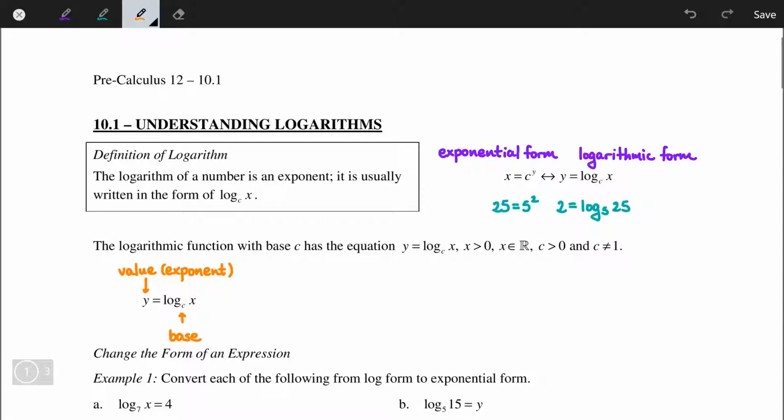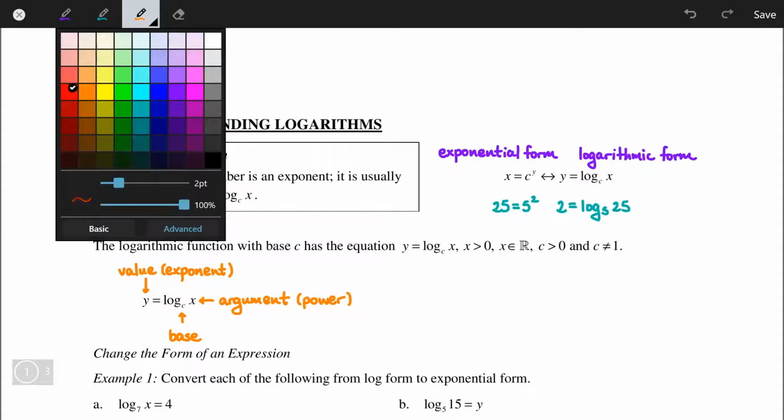And x is the argument, which is usually a power. So just as with exponential functions, our base has to be greater than 0 and not 1.